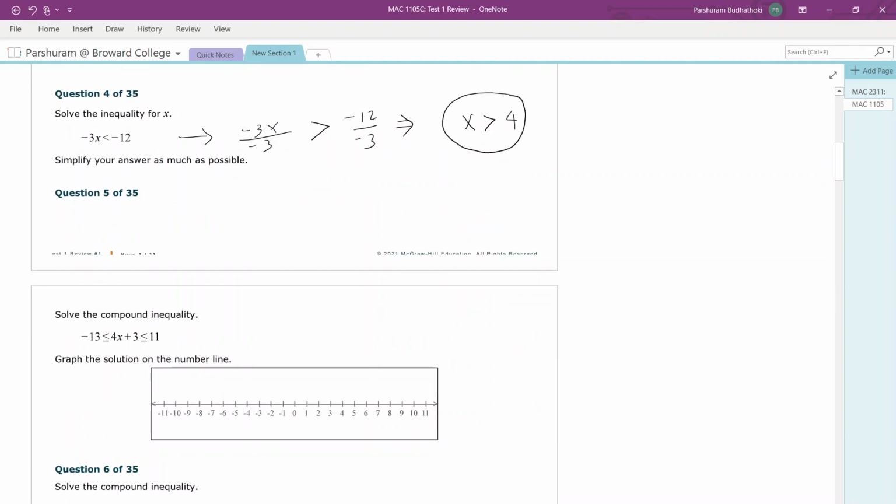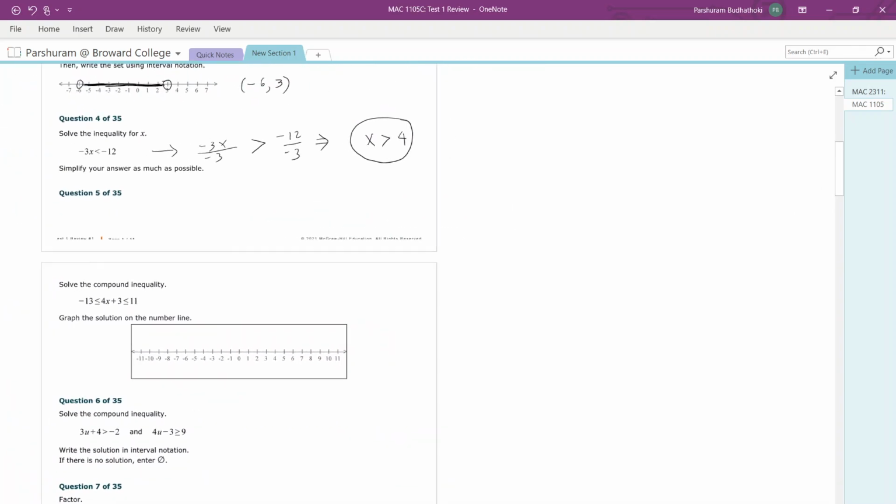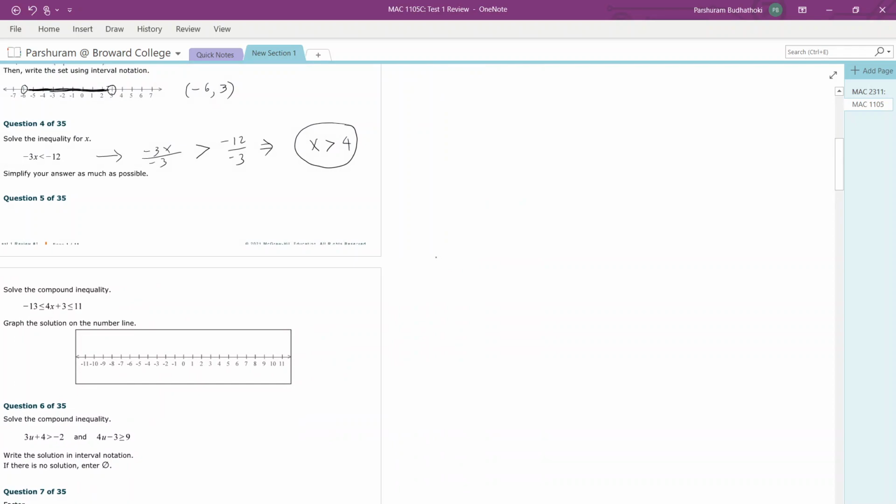Number 5, solve the compound inequality. To solve this one, we have to isolate x. Let me write down the problem here. Negative 13 is less than or equal to 4x plus 3, which is less than or equal to 11.